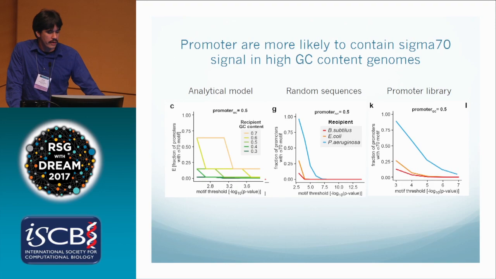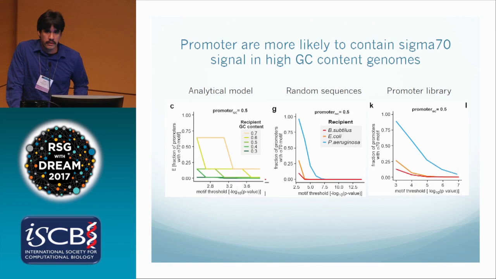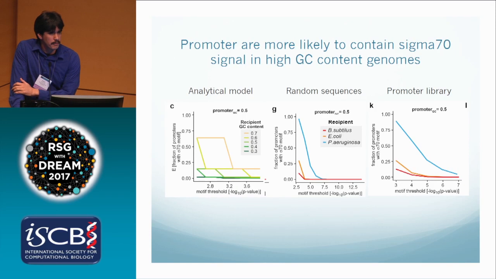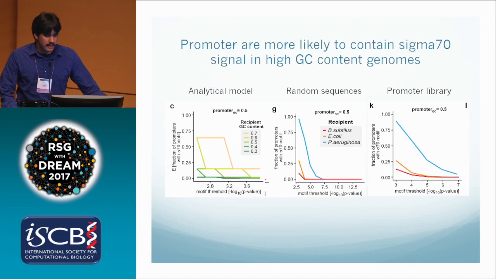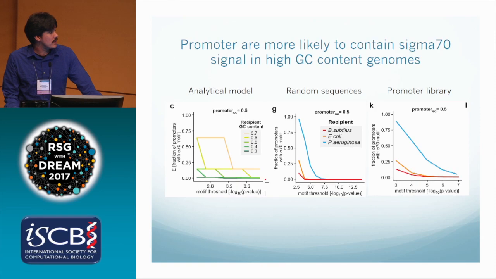I showed three figures, and the first one is an analytical model where I simulate the chance of finding a sigma 70 binding site based on the GC content background of the recipient, and it's based on a multinomial distribution. There are two panels on the right side.